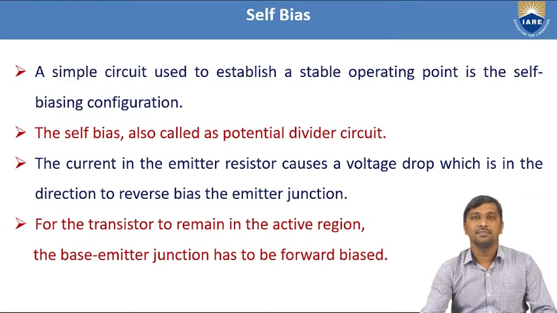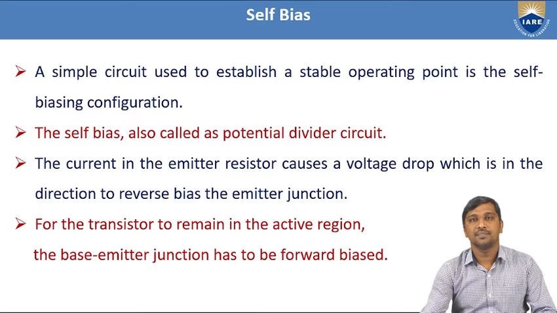That is the reason we provide a stable operating point irrespective of variations in the reverse saturation current, the current gain of the transistor, as well as the VBE parameter, meaning the potential difference between base and emitter.